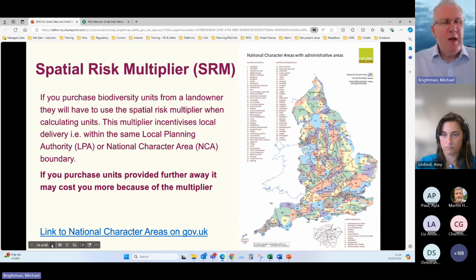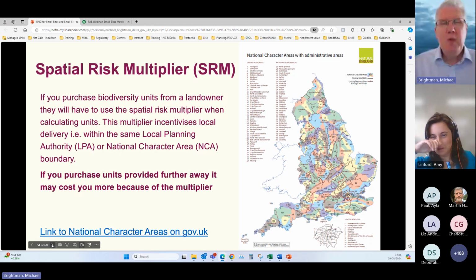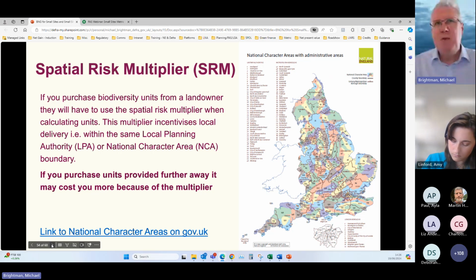Remembering, however, that in terms of the spatial risk multiplier and the incentive to deliver locally, locally means either within the local planning authority area or the national character area. But developers should be mindful of the fact that the further away they purchase units from the development site, there may be an additional cost because of the spatial risk multiplier.